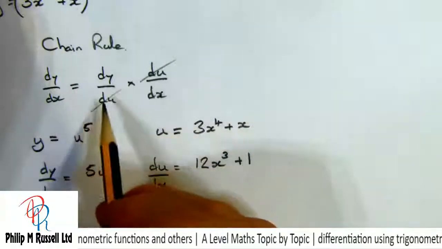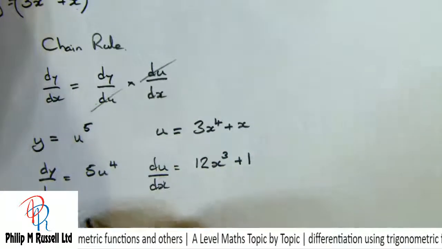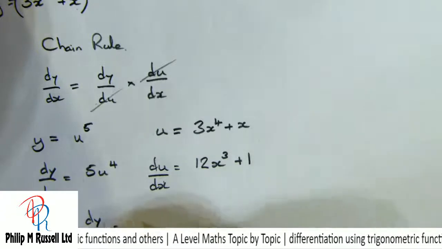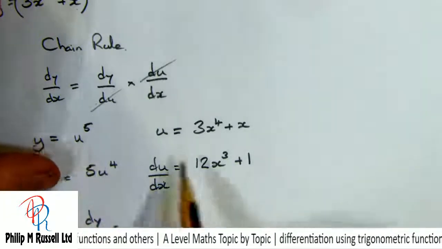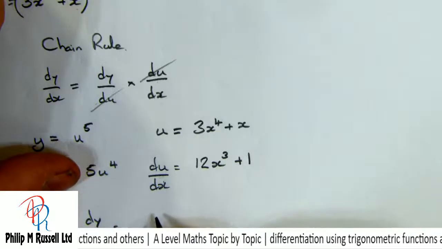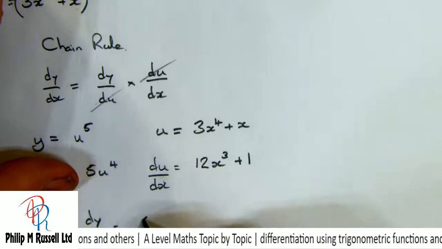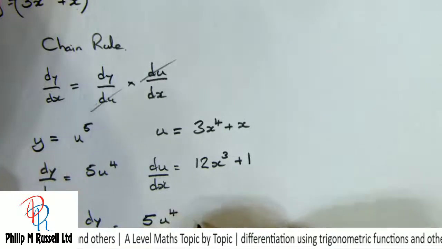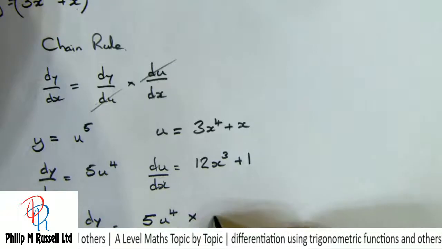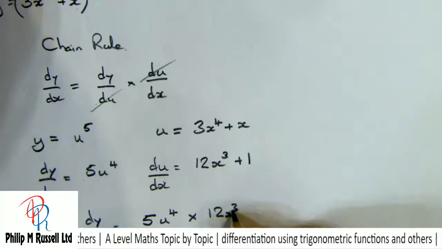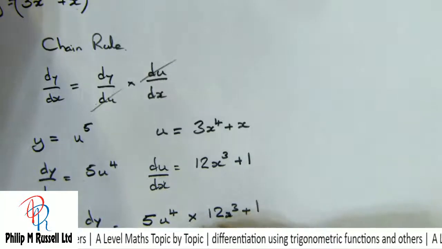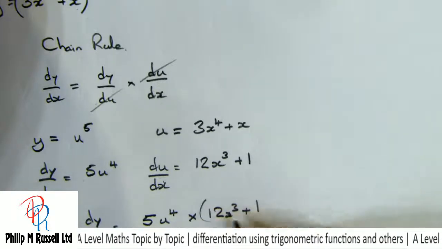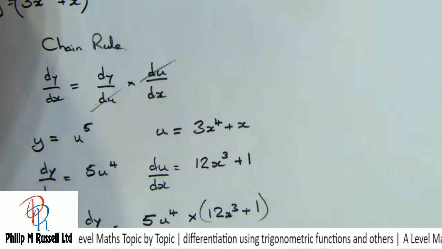So writing this lot together, we can say that dy by dx is going to be these two multiplied by one another, which is going to be 5u to the 4 times 12x cubed plus 1.